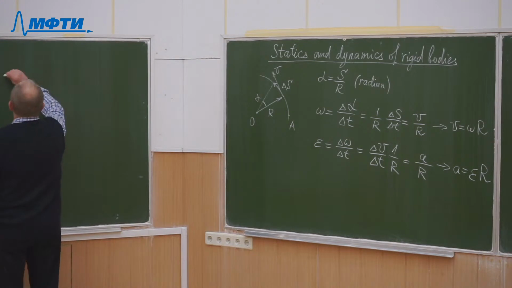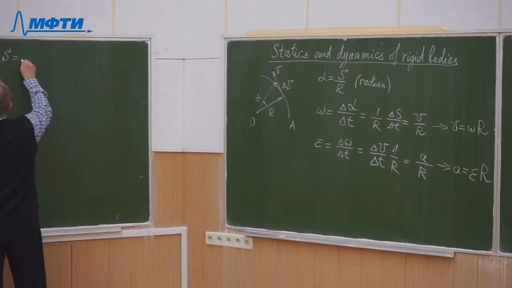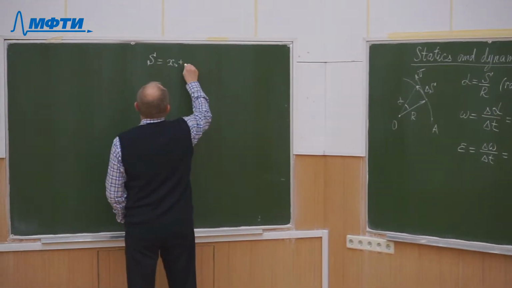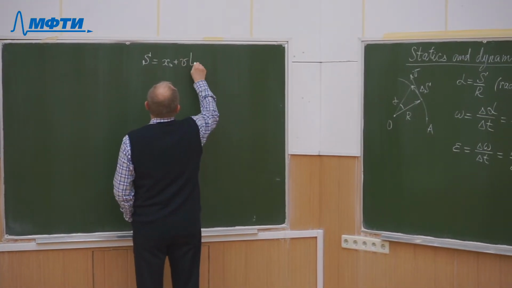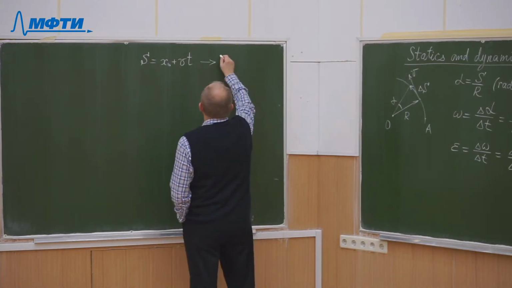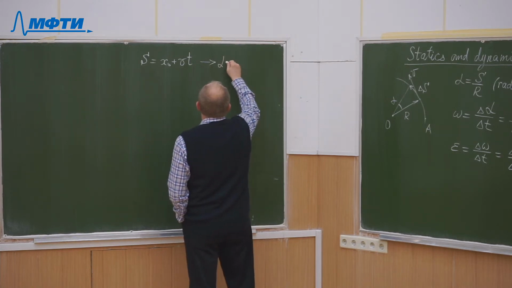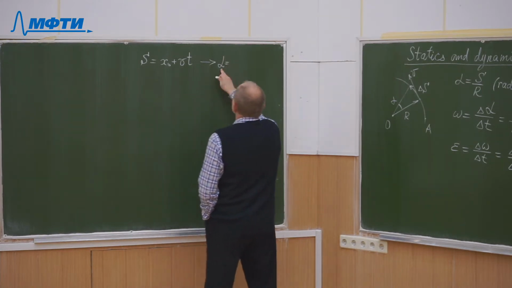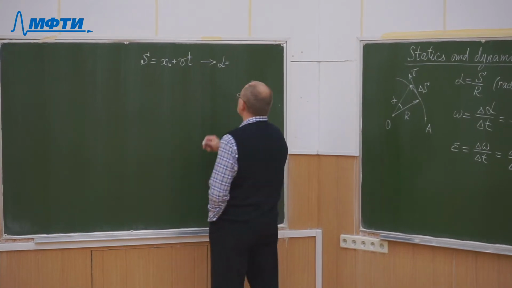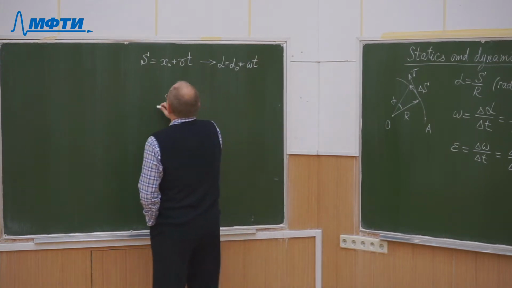In linear motion, the displacement is the initial coordinate plus velocity times t. In circular motion, the angle through which the point has turned about the center equals the initial angle plus angular velocity times t.